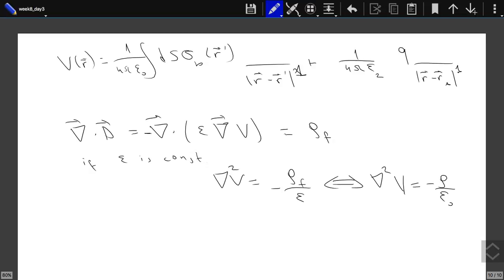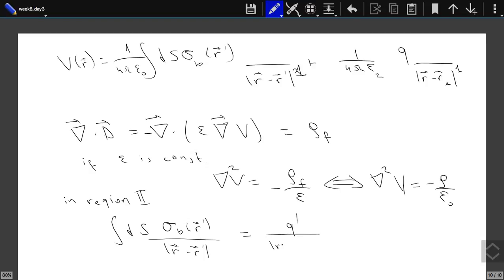Now, method of images tells me that this integral, let's say in region 2, is nothing but equal to q prime over r minus r2.